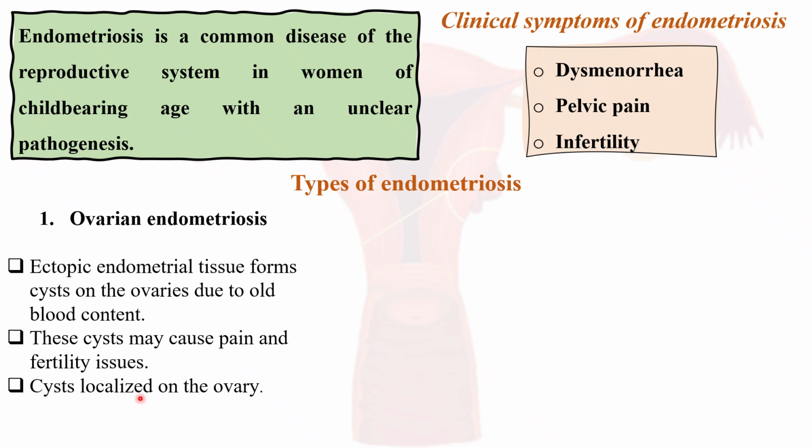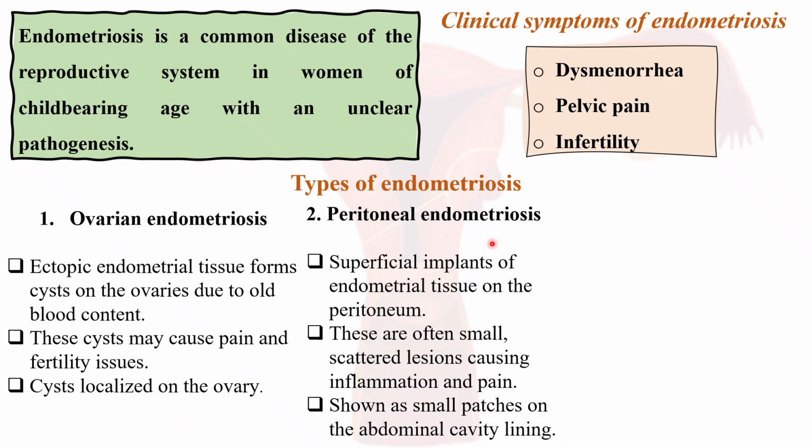Another type of endometriosis is peritoneal endometriosis. In peritoneal endometriosis, there are superficial implants of endometrial tissue on the peritoneum. That means there are often small, scattered lesions causing inflammation and pain.